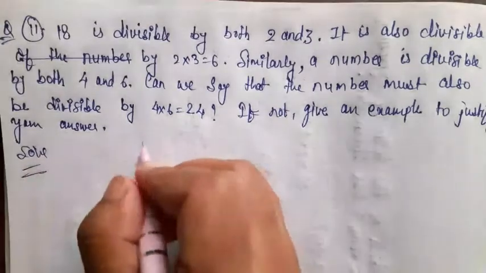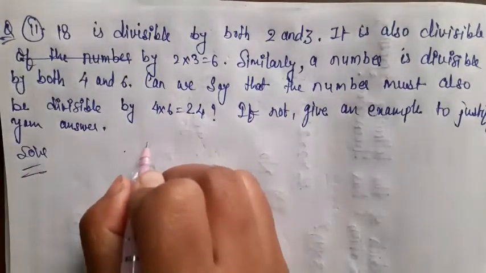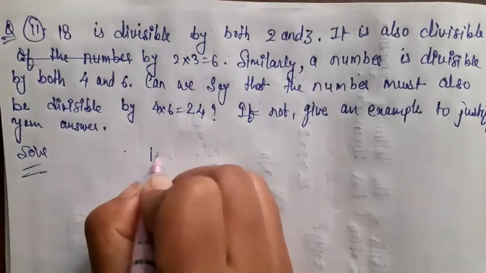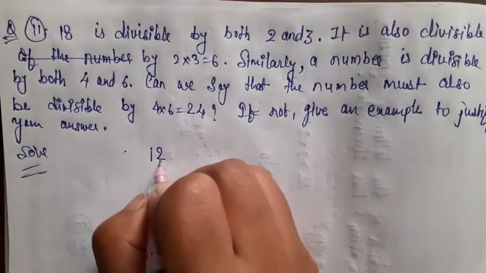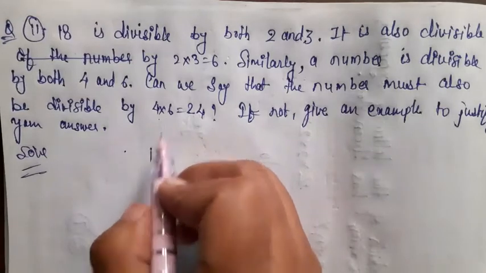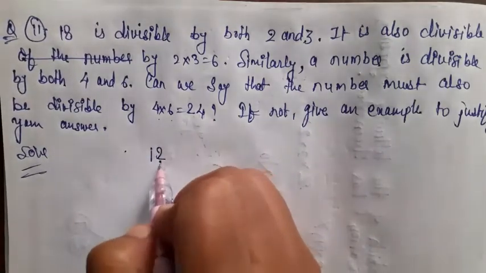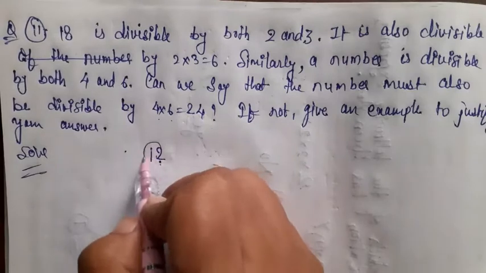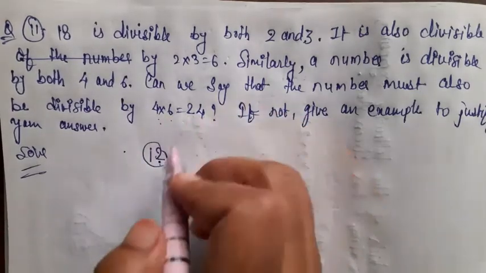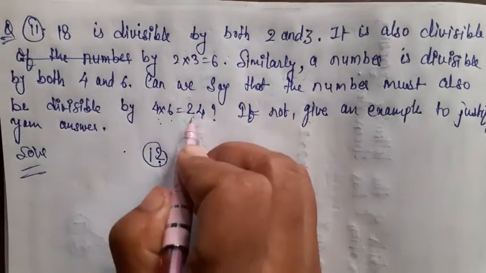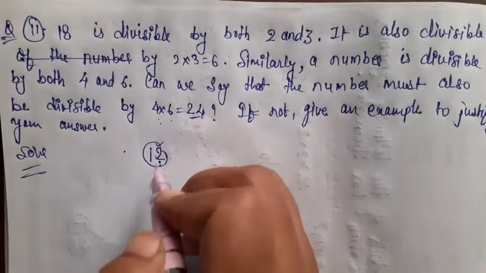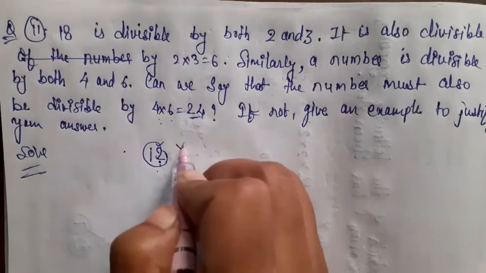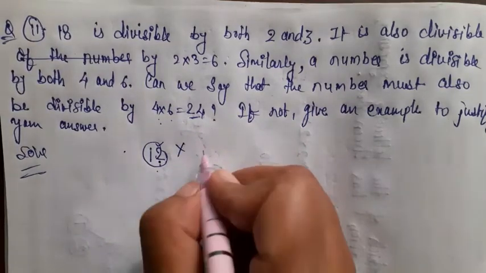Solution: if we have, like, 12, 12 is divisible by 4. 4 times 3 is 12 and 6 times 2 is 12. Means this number is divisible by both 4 and 6, but this number is not divisible by 24 because this is smaller than 24. So here this is not verified.